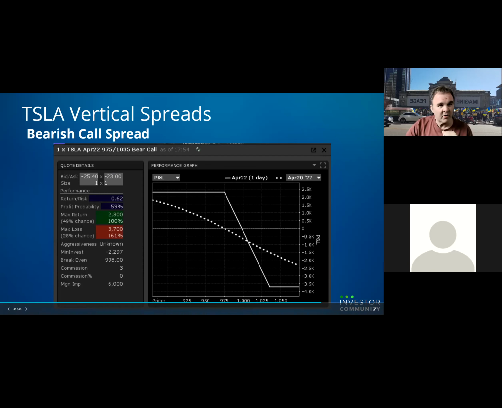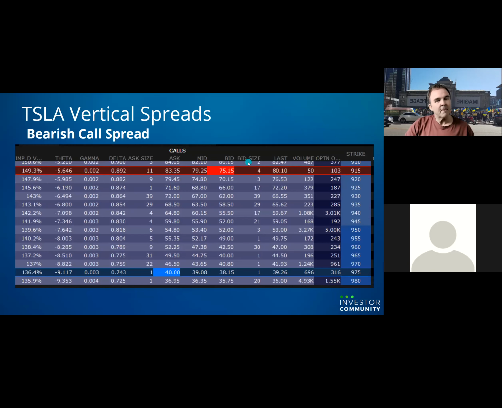I want to show you, if we look at our short call, this is where we're collecting a bunch of premium. And if we look way over here on the left, the implied volatility on that short call is 149%. The implied volatility on the long call is only 136%.